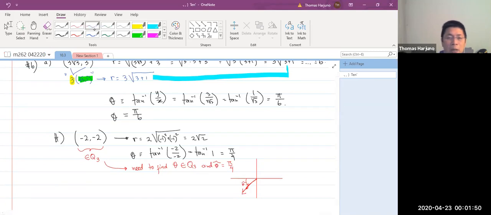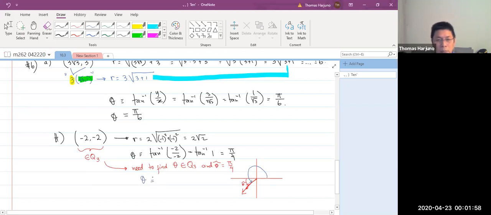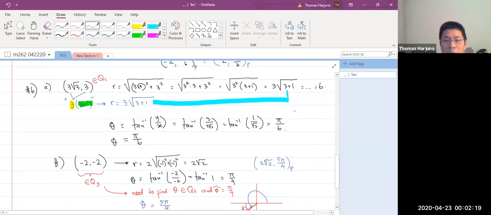So what's the angle? The angle will be, yes, 5 pi over 4. So the coordinate here will be 2 radical 2, 5 pi over 4 in polar. Or the one I have up here, that is 6 comma pi over 6 in polar.